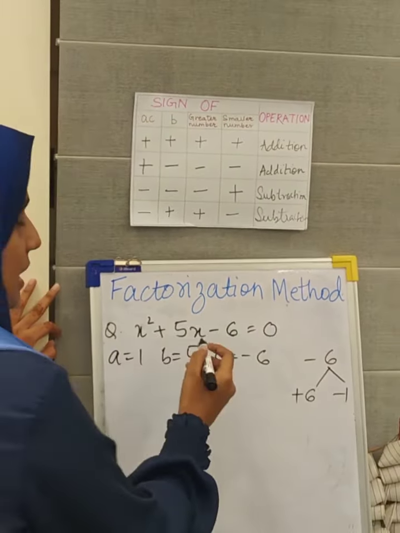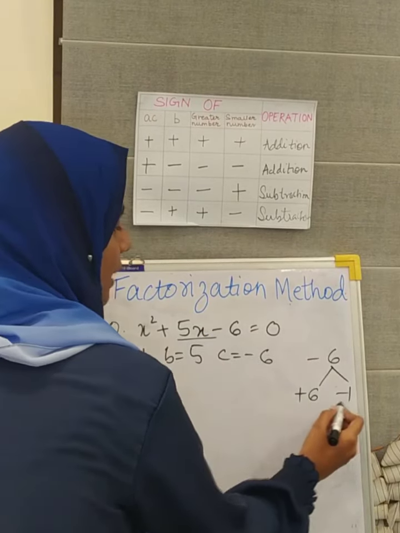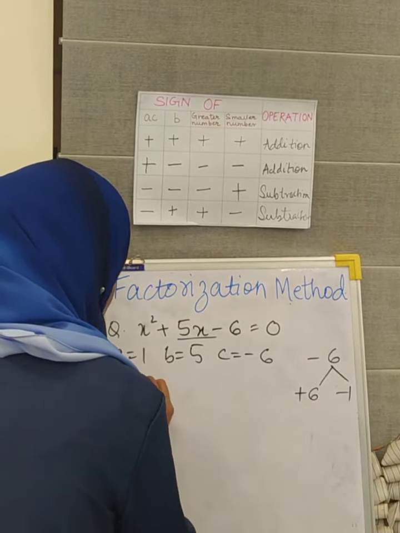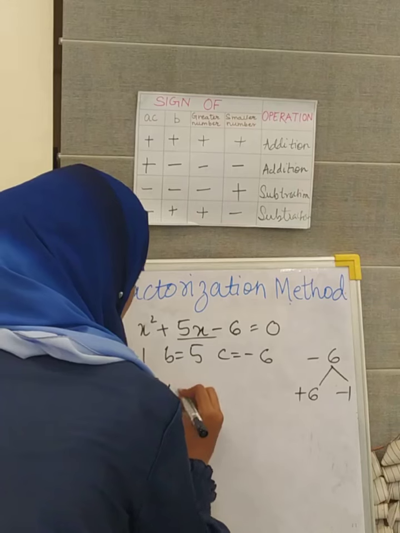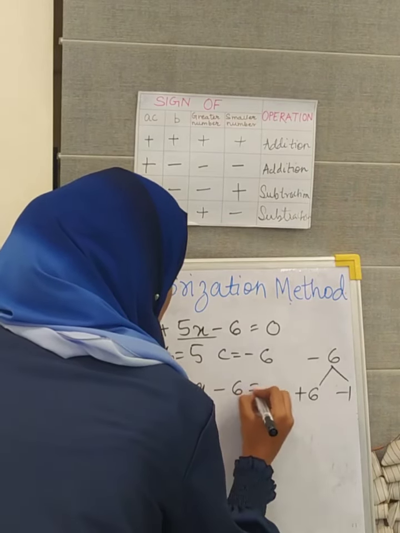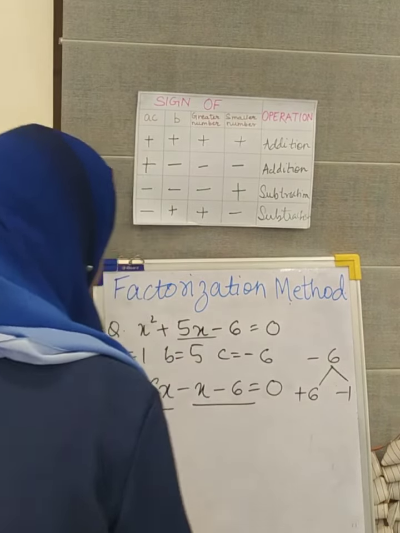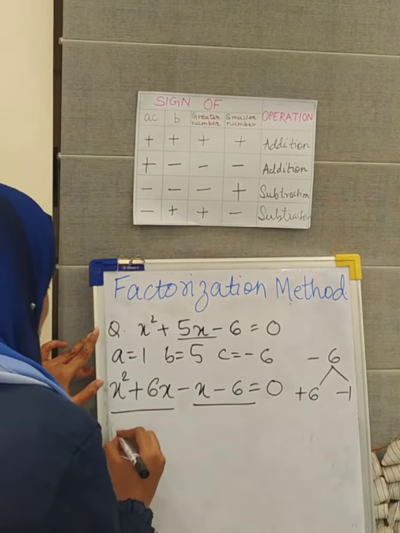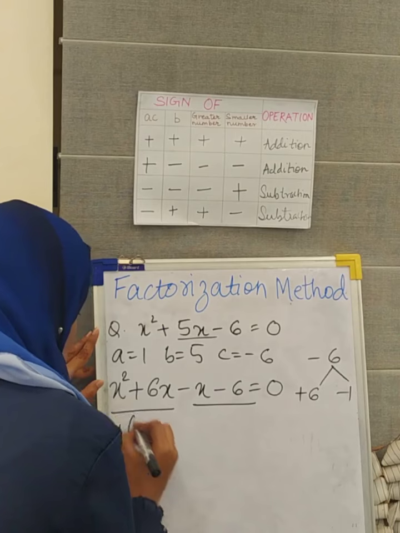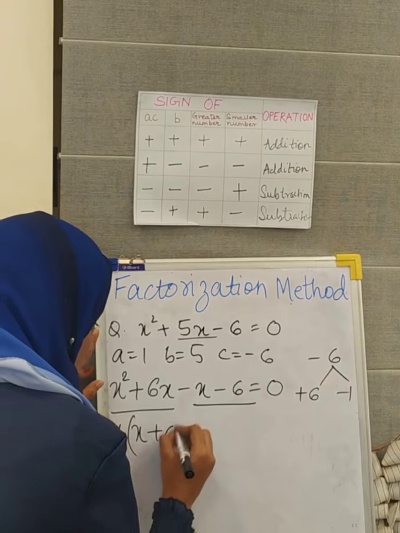We will split the middle term in terms of these factors. It is x square plus 6x minus x minus 6 is equal to 0. We will make pairs. In x square plus 6x, x is common, so we are left with x plus 6.